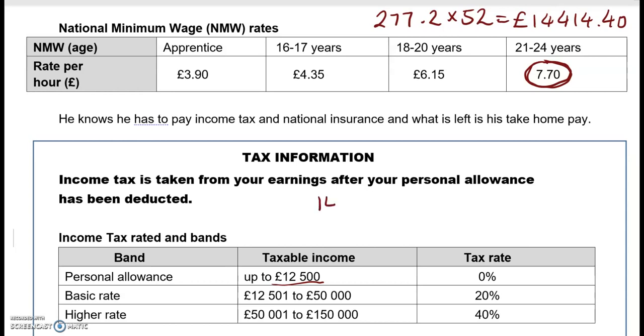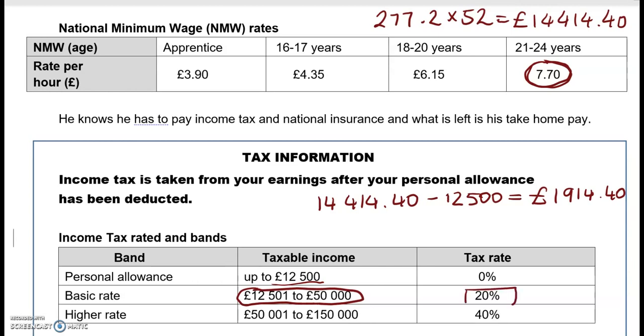So 14,414.40, take away 12,500, that gives us £1,914.40 that he's got to pay tax on, and that will fall under this category.